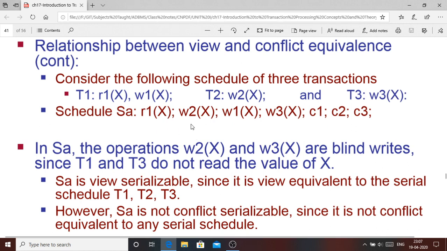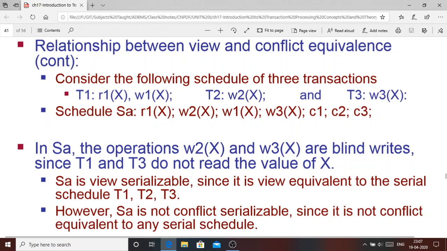But you see the conflicting operations here. Which operations conflict here in schedule A? R1X and W2X conflict. Similarly, W2X and W1X conflict, and similarly W1X and W3X conflict. Now here you see the order of the conflicting operations in the serial schedule. R1X is followed by W1X, then followed by W2X.